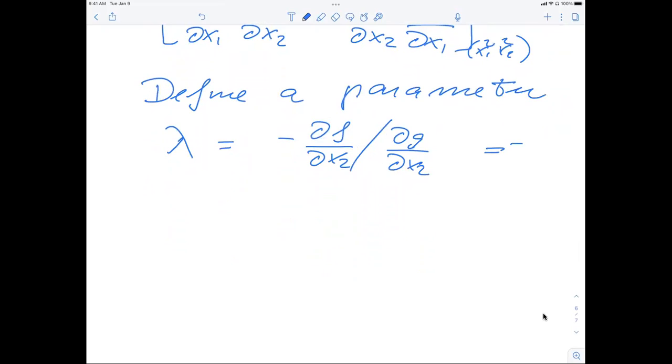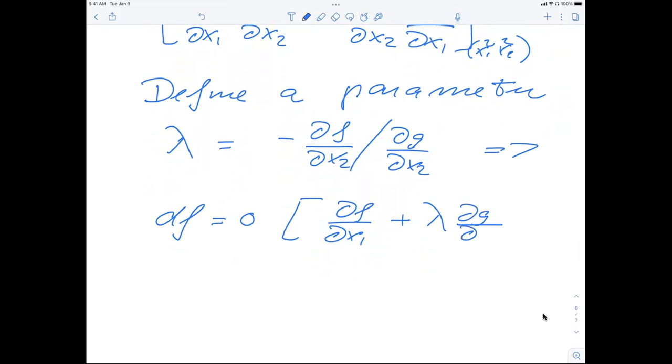Then what I can rewrite is df equal to 0, and that's equal to df/dx1 plus the parameter lambda multiplied with dg/dx1. And this is equal to 0.